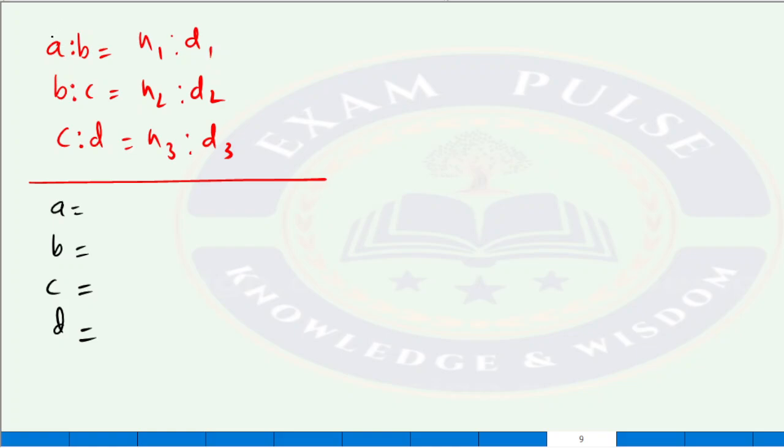In order to get the first one, multiply all the first values, means multiply all the numerators. That will be your first one. What is that? N1, N2, N3. Similarly, in order to get the last one, you need to multiply all the last values, or that means all denominators. D1, D2, D3. First ది కావాలంటే ఫస్ట్ ఉన్న న్యూమరేటర్స్ అన్ని మల్టిప్లై చేయండి, లాస్ట్ ది కావాలంటే డినామినేటర్స్ అన్ని మల్టిప్లై చేయండి.